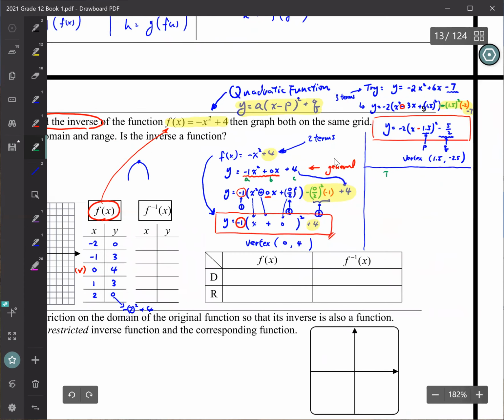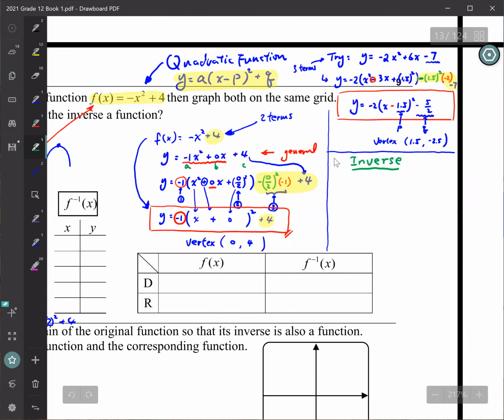Let's go to the right side. Okay, I hope you still have space. So to find the inverse, follow the 3 steps. Step 1, write it as y equals. Write the f of x as y.